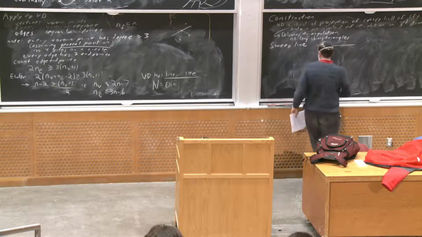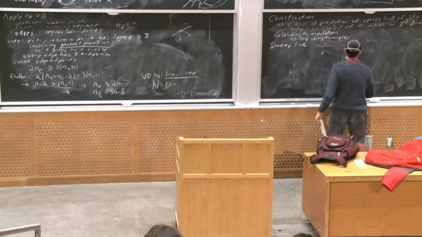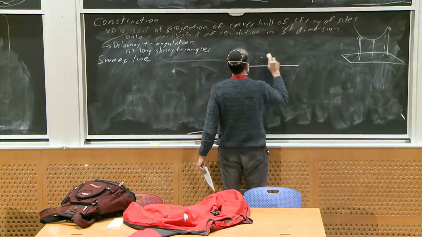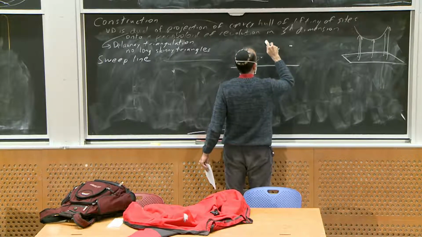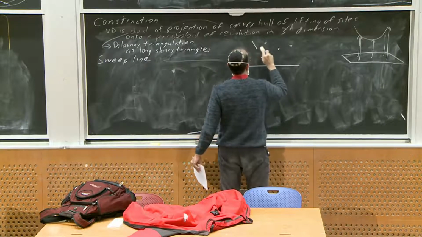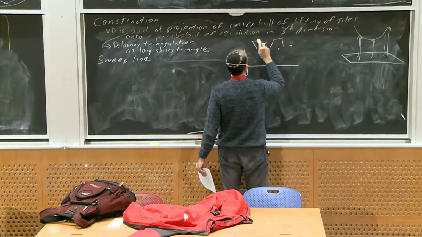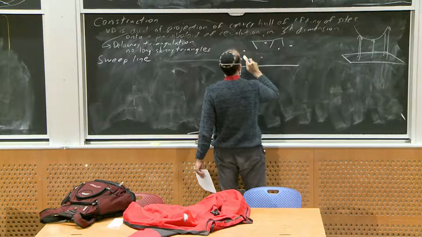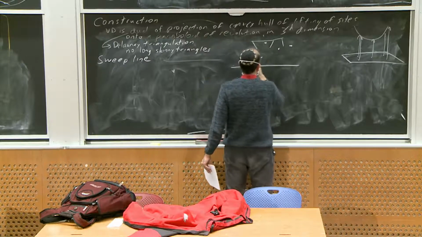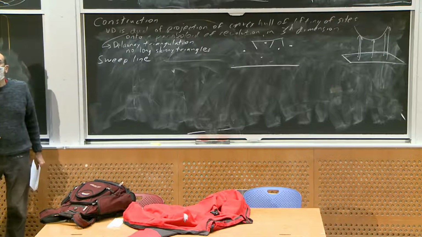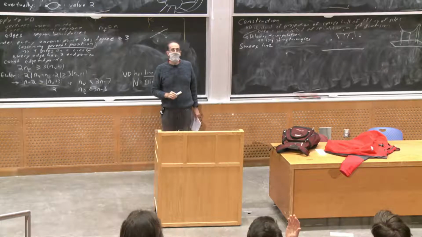All right. Let me make myself some more room. So here's my sweep line, right? I've got this collection of points, right? I can presumably have the Voronoi diagram built up here. But do I know the whole Voronoi diagram above the sweep line?